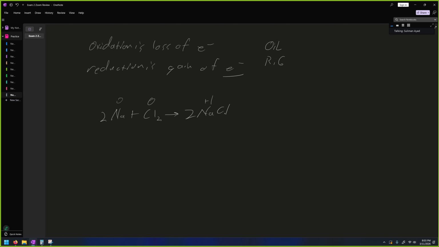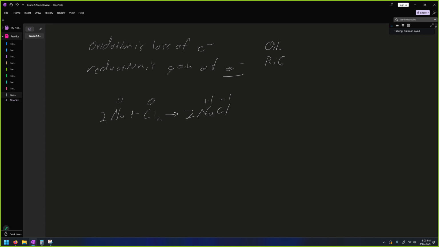Then the chloride, that one is one of the rules that we have. All of the halogens make a -1 oxidation number, and so this will be -1. Since oxidation is a loss of electrons, we expect oxidation numbers to increase when that element is oxidized.